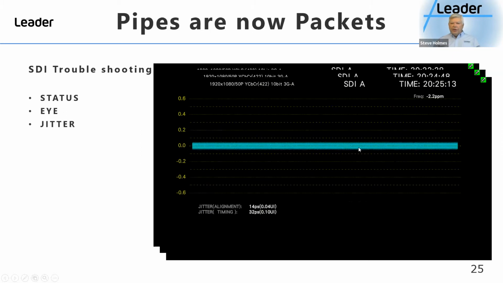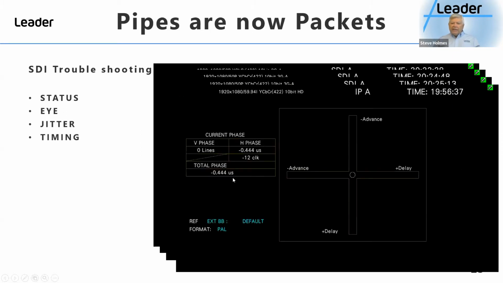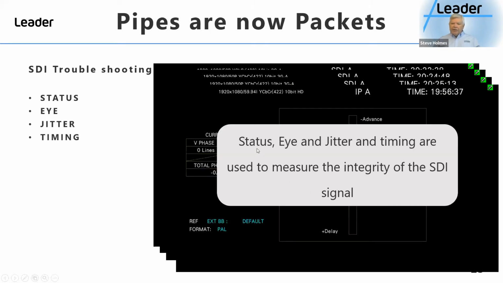We look at the jitter output and timing information, so that status, eye, and jitter timing are used to measure the integrity of that SDI signal.